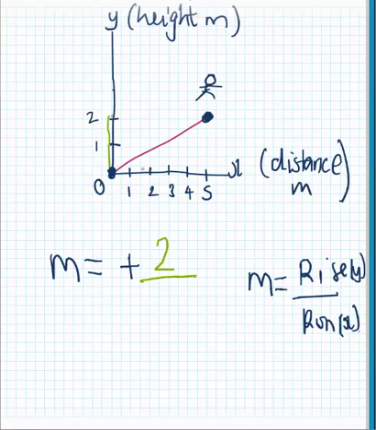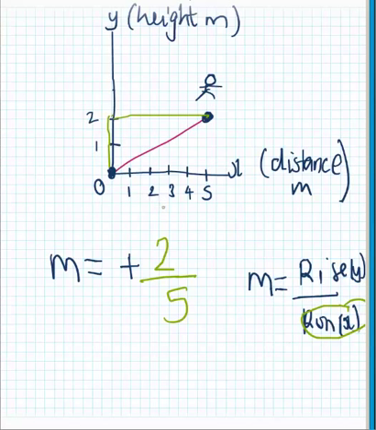We now have to go across. To check how many steps we're going across, look at your x-axis. That's why run is your x-axis. Let's go see how many steps we're going across. We're going 1 unit, 2, 3, 4, and 5. So it's 2 over 5. And there is our gradient. Our gradient of this line is 2 over 5.